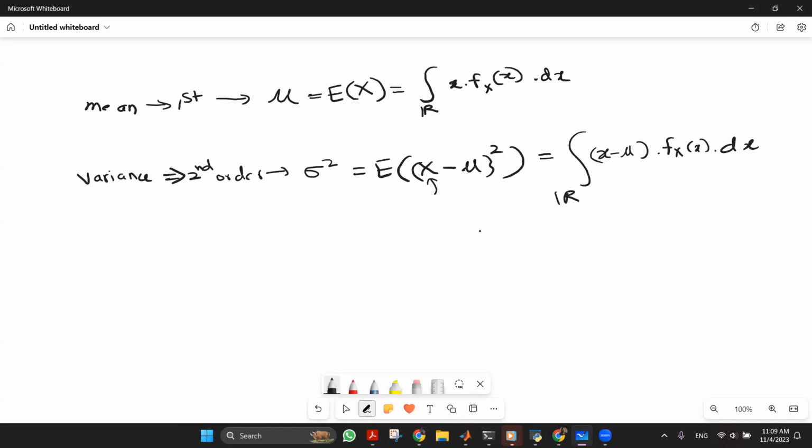So whatever you put inside this expectation operation, you can put as the value inside this integration. And the power is also similar in this integration. So if it is x minus mu squared, it's going to be x minus mu squared in this integration.